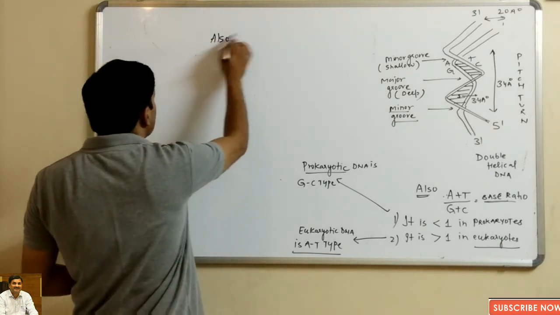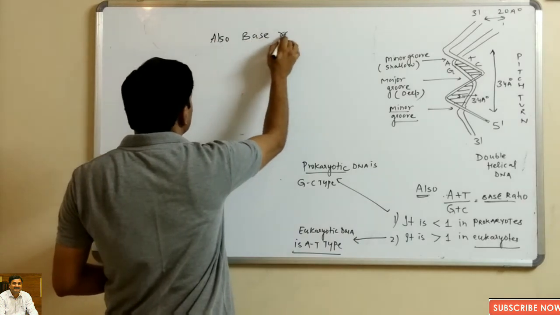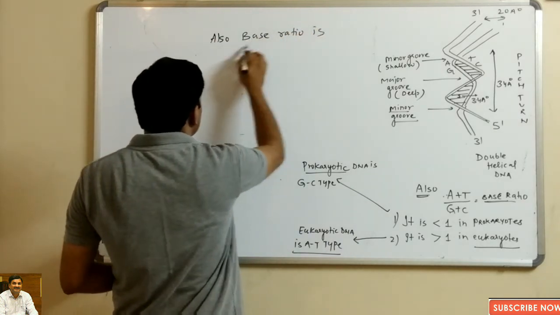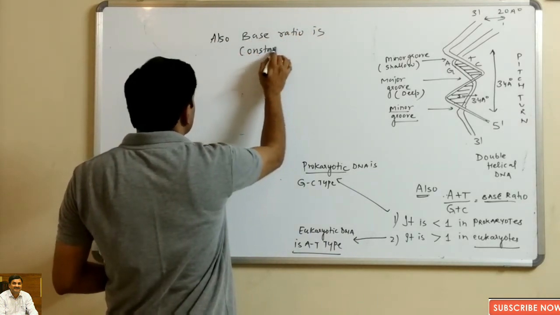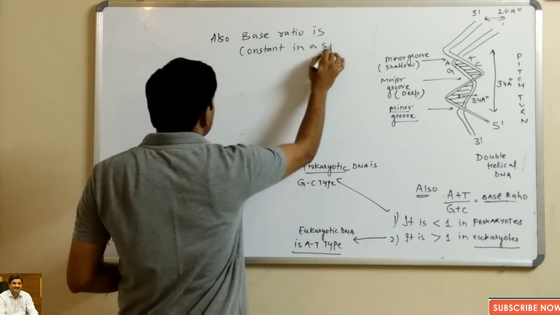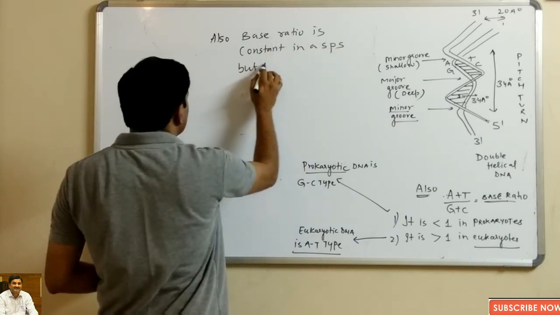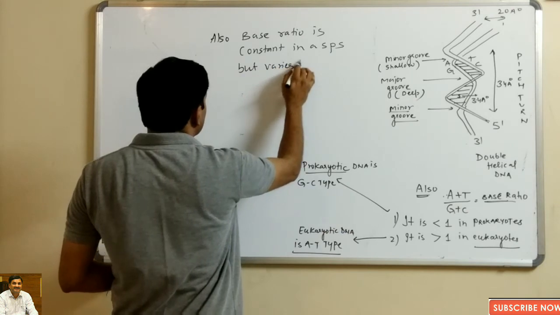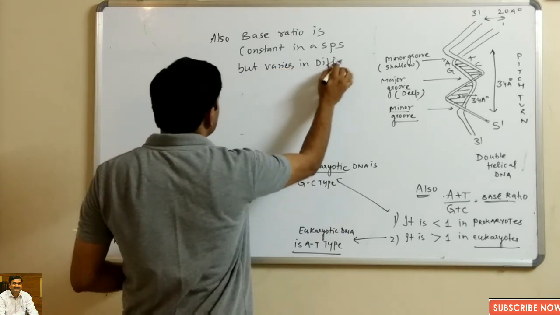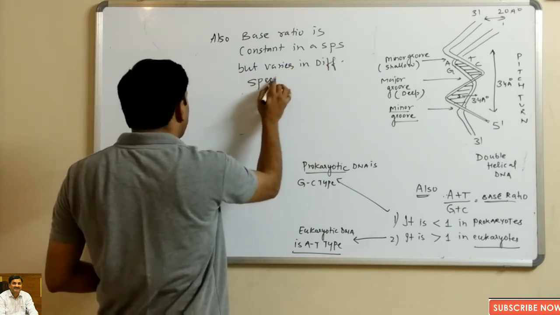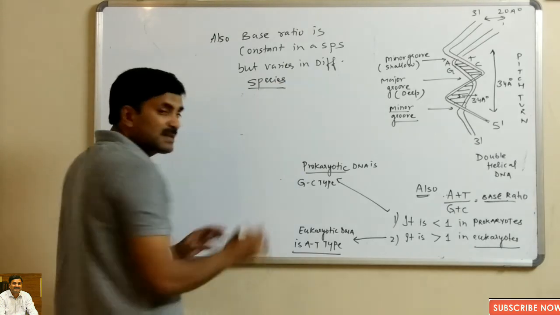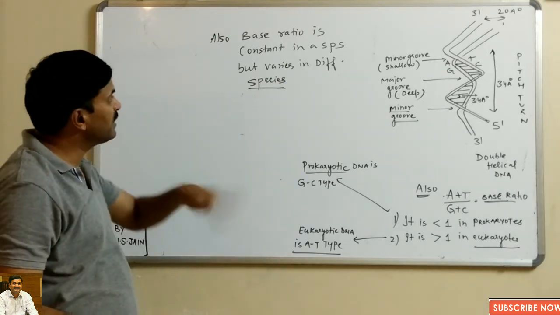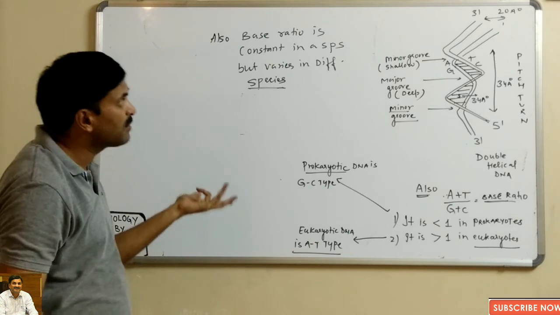And also you must remember that the base ratio is constant in a species but varies in different species, meaning different species have different base ratios.